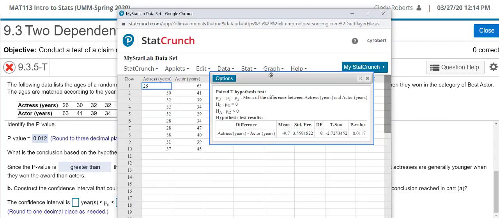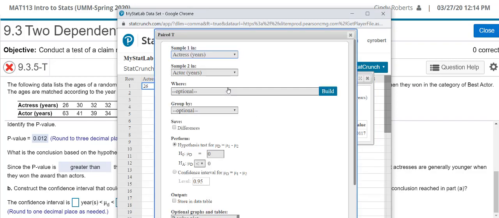So I go back and open up my StatCrunch. I go to options, and notice here the confidence interval. Just leave everything the way it was. With the level of significance, I'm going to assume they're asking for 99%, because 0.01 was the level of significance.